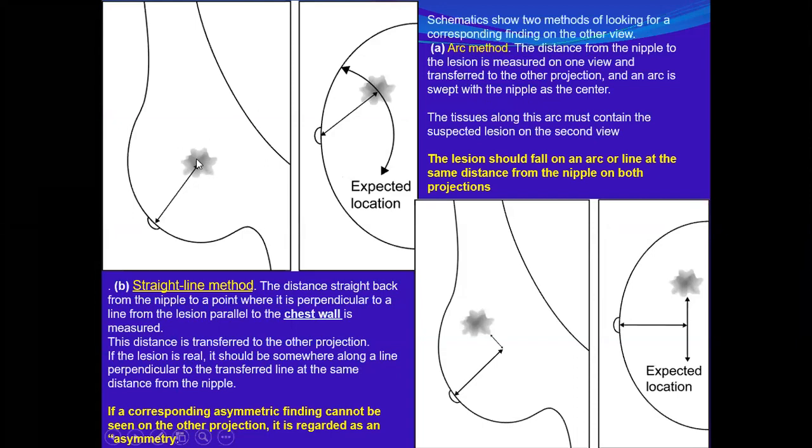If you have seen the lesion here, measure the distance from the nipple to the lesion, and take the same distance and apply it in the other view, leave the nipple at the center and make an arc like this, and look through this arc for that asymmetry.